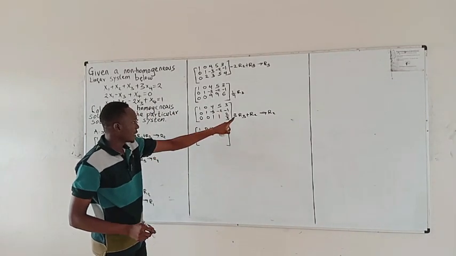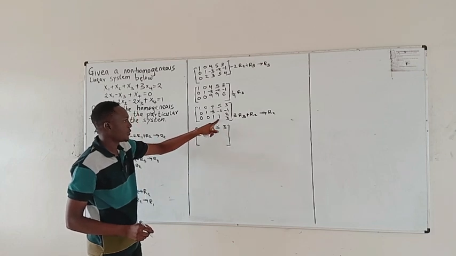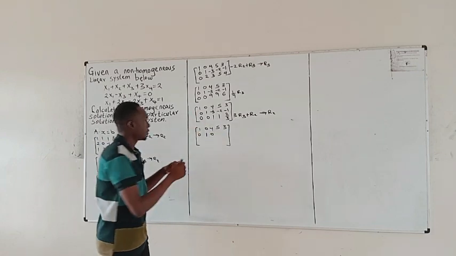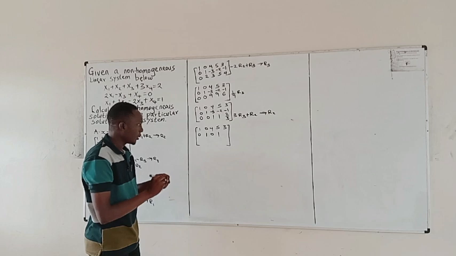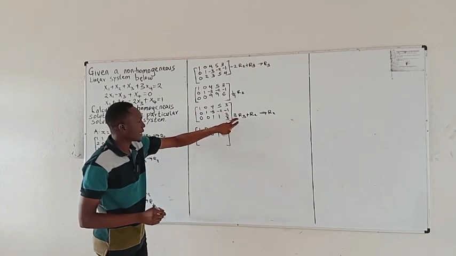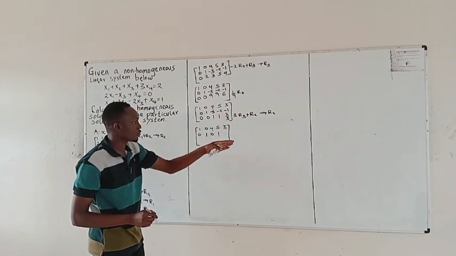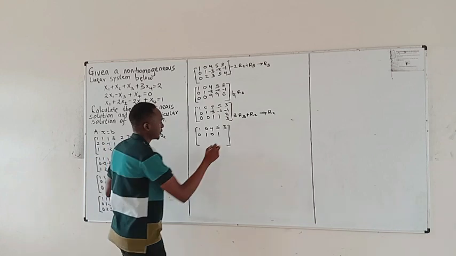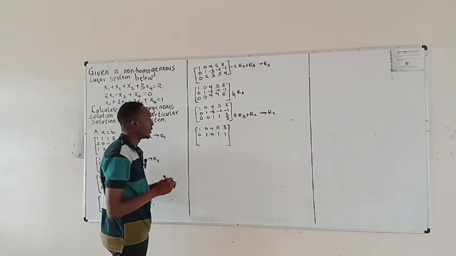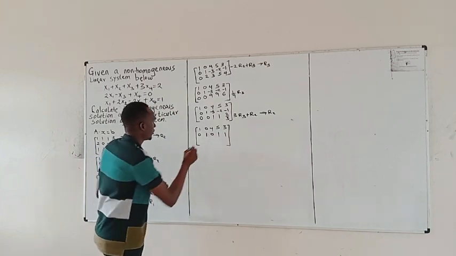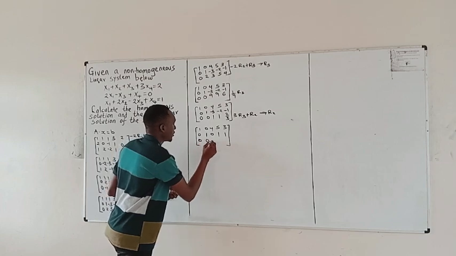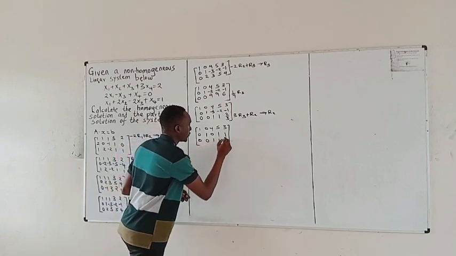Then we have 3 times 1, which is 3. 3 minus 2 is 1. Then we have 3 times 2 over 3, which is 2. 2 minus 1 is 1. Then we maintain row 3, 0, 0, 1, 1, 2 over 3.